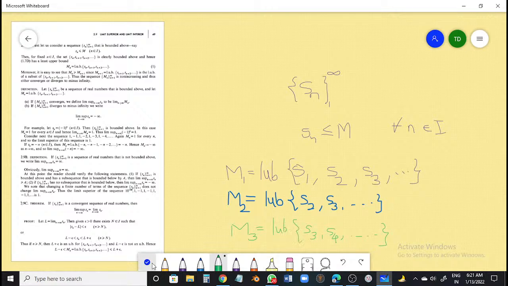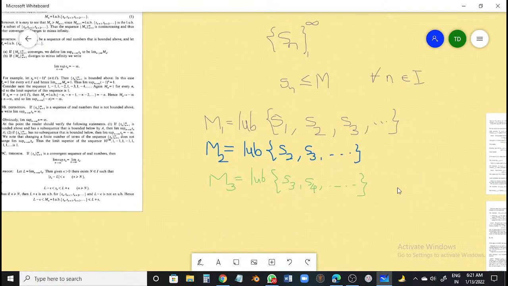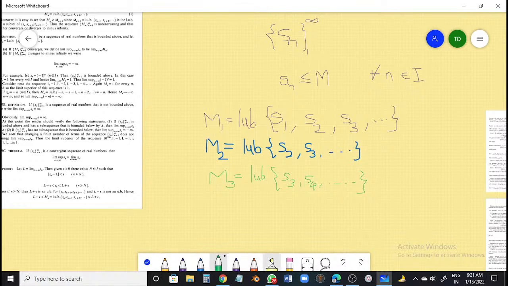So in general, we will call this Mn. Mn is the least upper bound of the set that starts with the nth term, Sn, Sn plus 1, and so on.